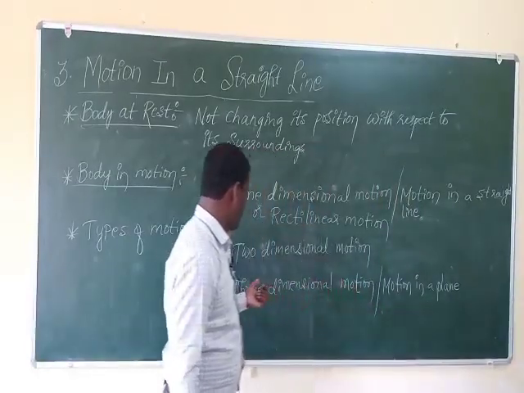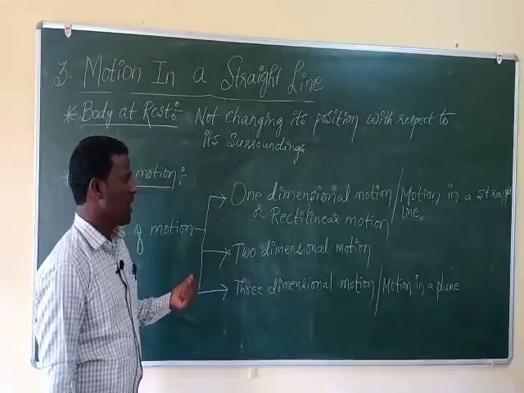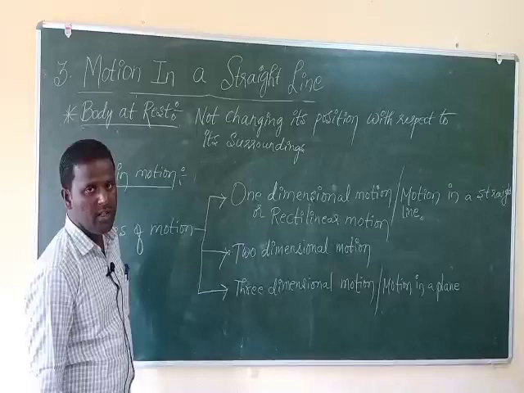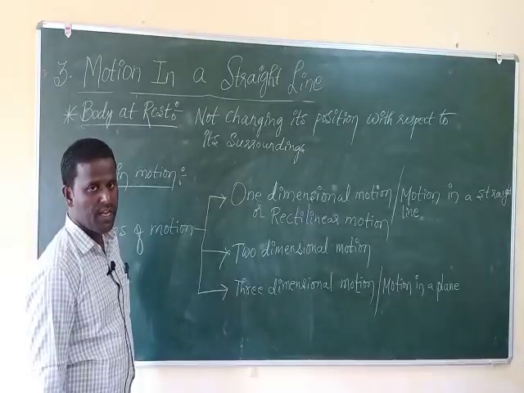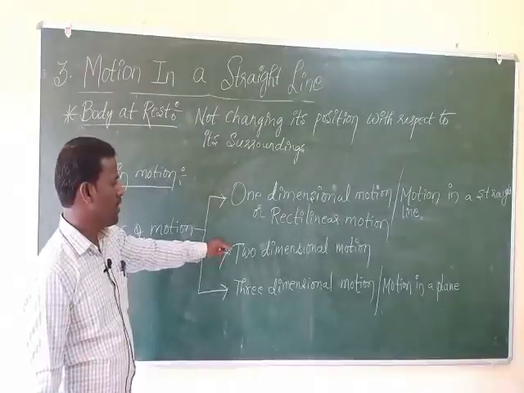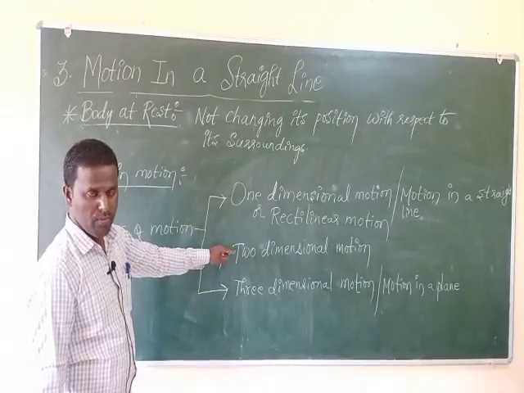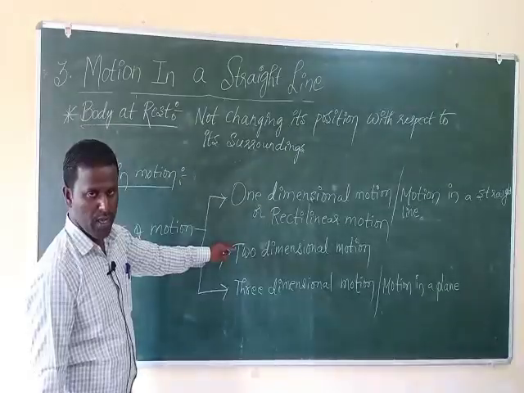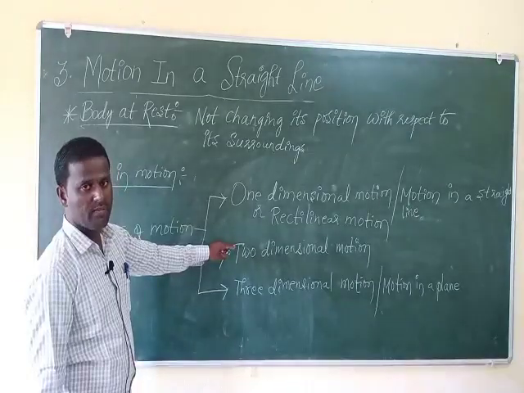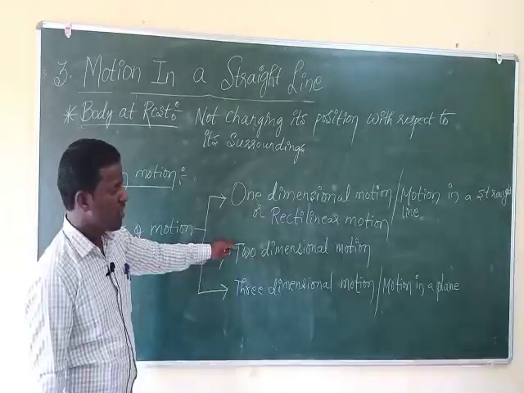So here examples for three-dimensional motion or motion in a plane are aeroplane, kite, fish in an aquarium. Examples for two-dimensional motion: motion of a boat, motion of a body in a circular track or circular path.